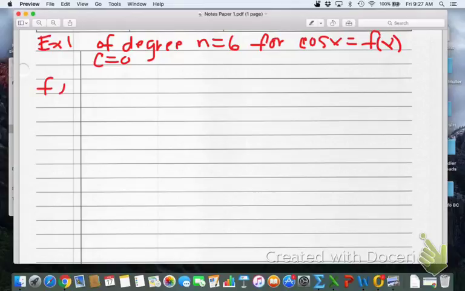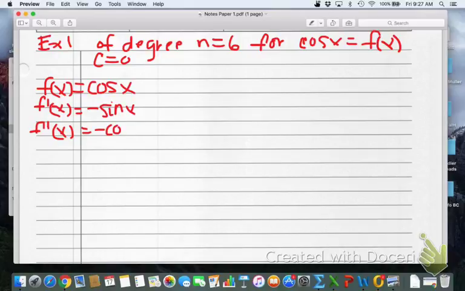And so f of x is going to be cosine x. We know that. F prime of x is going to be negative sine x. F double prime of x is going to equal negative cosine x. F triple prime of x is going to equal sine x. And we're going to start repeating.